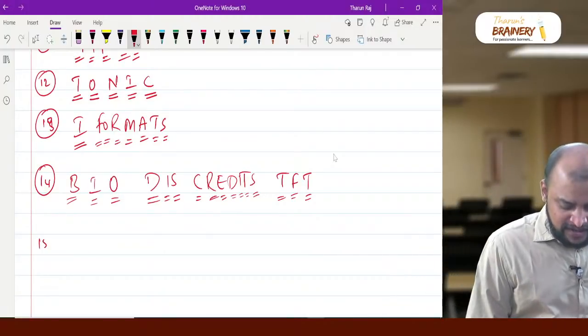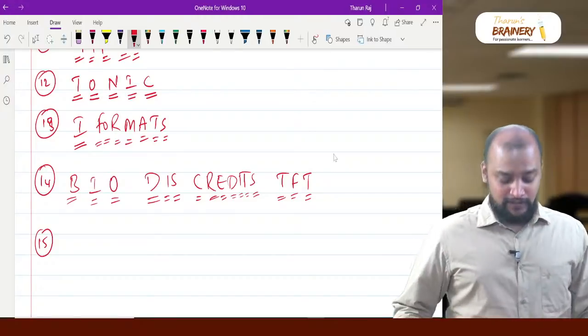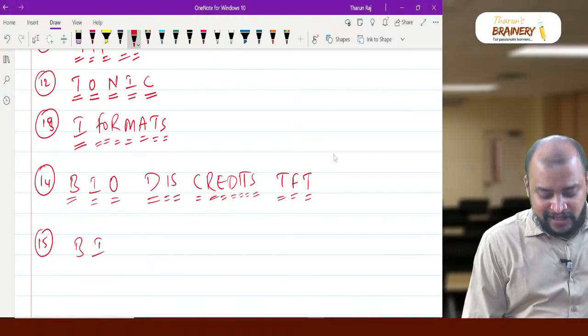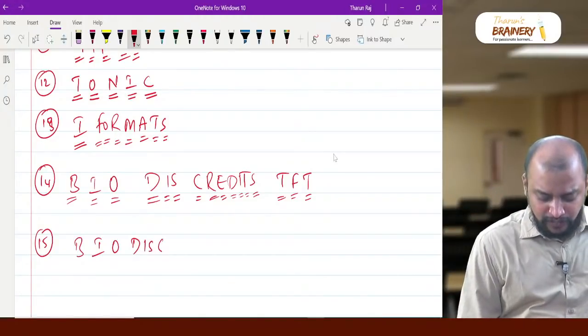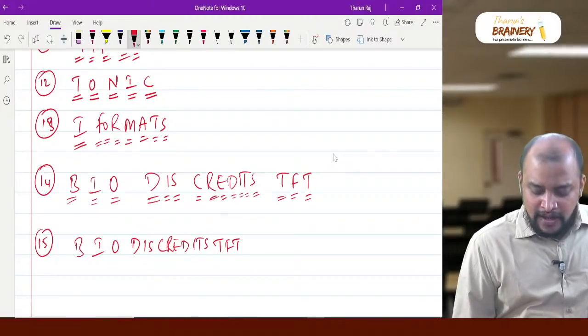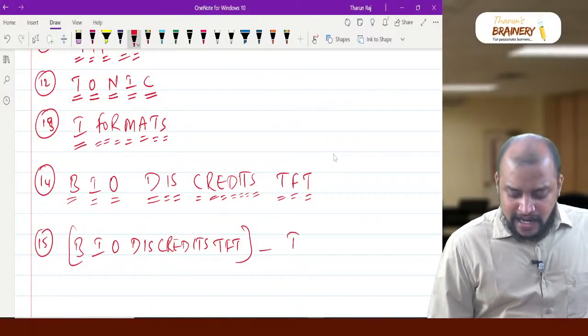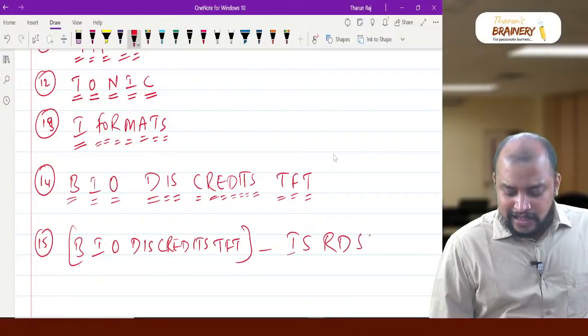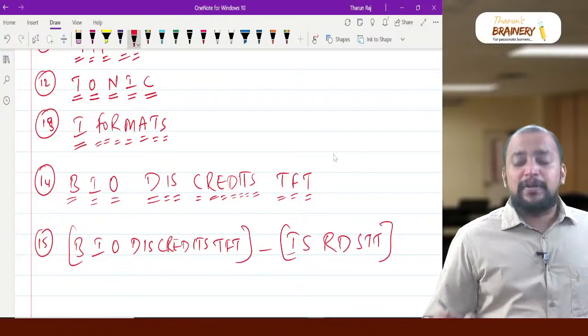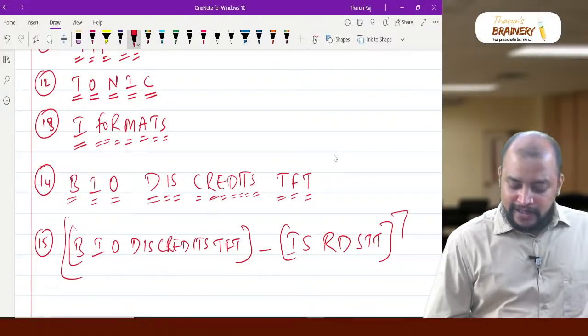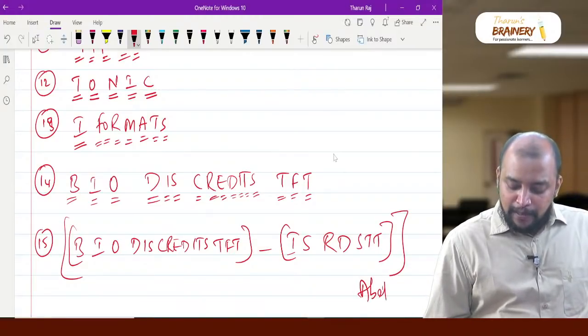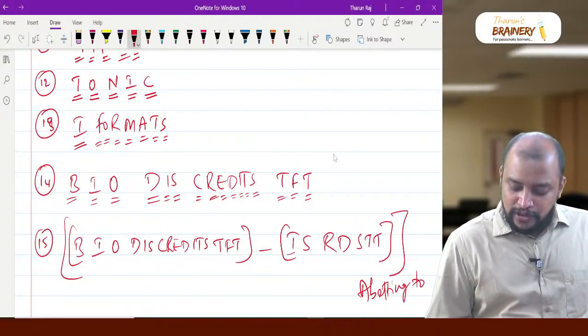Then what are the offences that lead to imprisonment? Offences that lead to imprisonment are BIODISCRETFT minus ISRDSTT, plus abetting to commit an offence. So what is this?